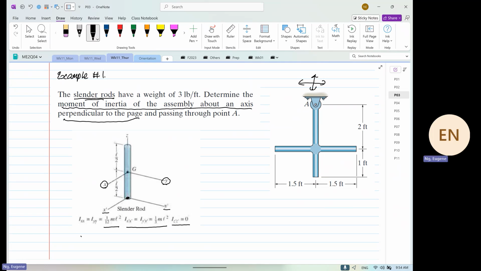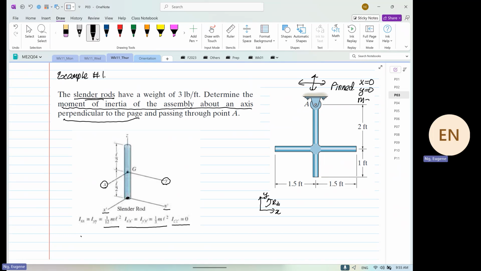Why? Because this is a pin. When it is a pin, we know that x is equal to 0, y is equal to 0. I will write down my transformation over here. This is x and this is y, and over here is rotation about z.